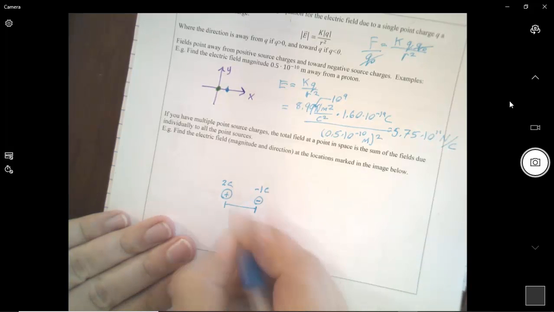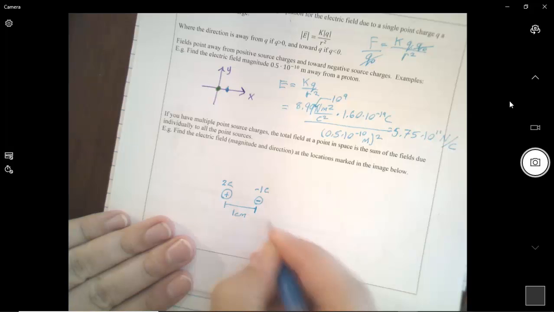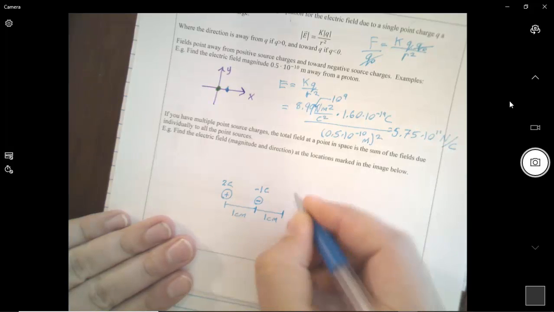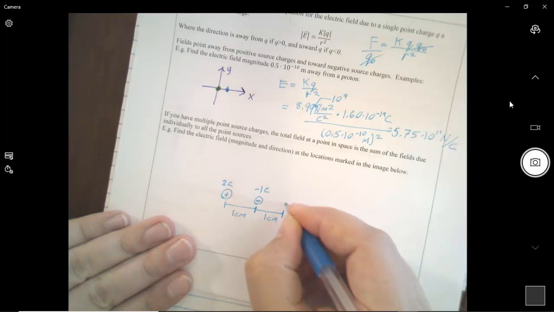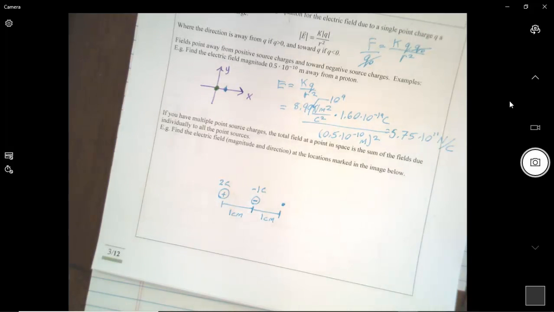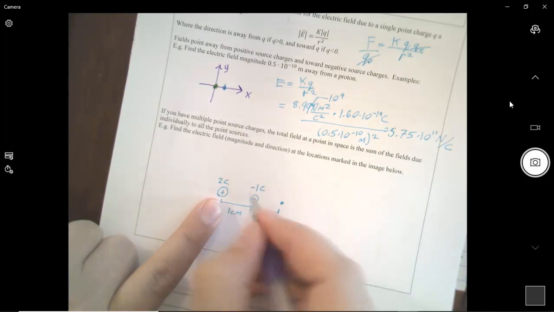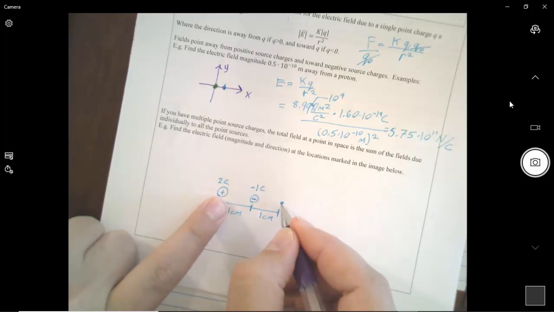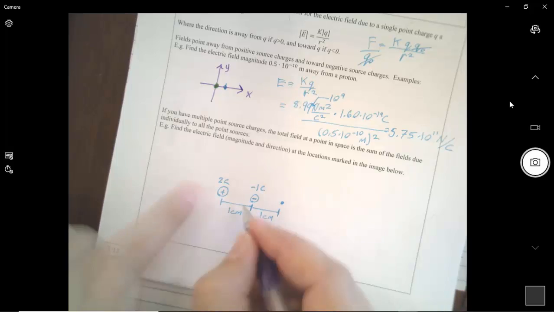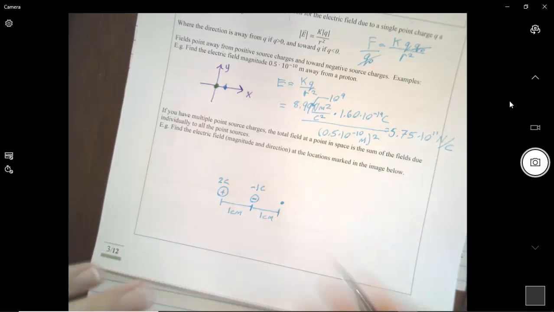We'll say that this is 1 centimeter, and then at a distance of another centimeter, we have the point where we want to find the electric field. Okay, so we are going to separately calculate the electric field due to the positive charge and negative charge, and then add them as vectors.